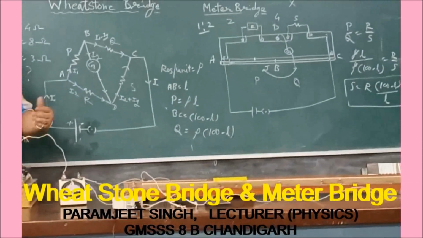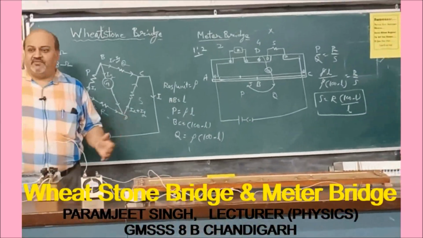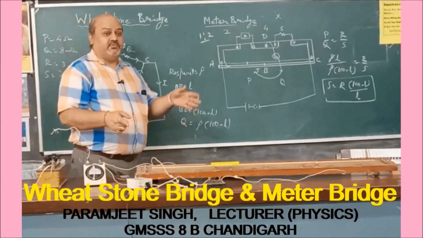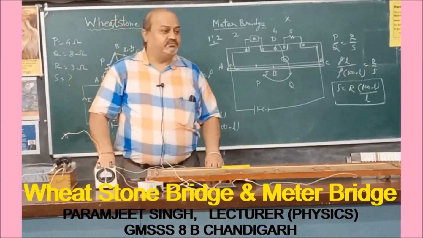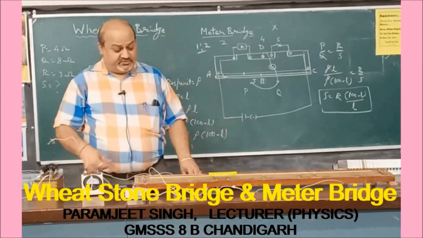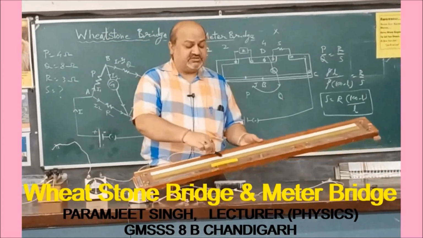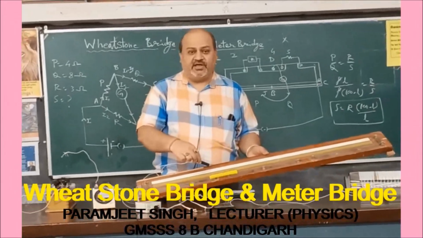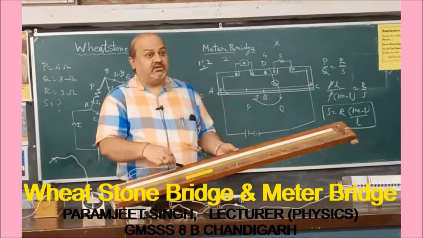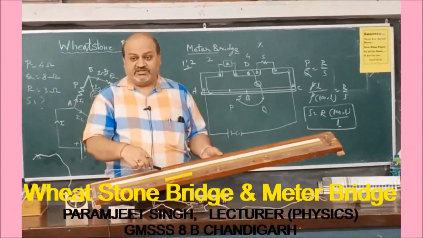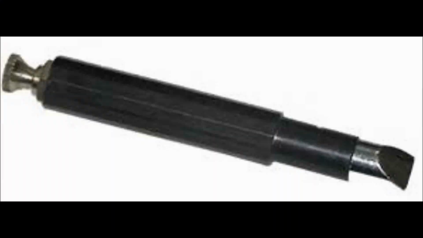So this is how practically we can apply the Wheatstone bridge to the meter bridge. We call it meter bridge because the length of the wire is 1 meter. Two main precautions we have to take. We should not slide this jockey over the wire because it will change the cross-sectional area of the wire and resistance will change, because resistance depends upon the cross-sectional area.